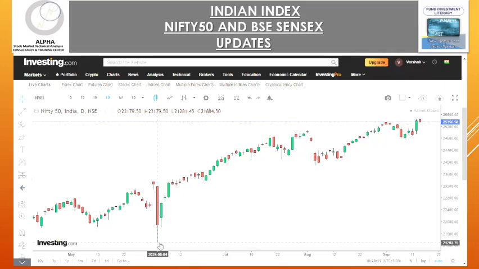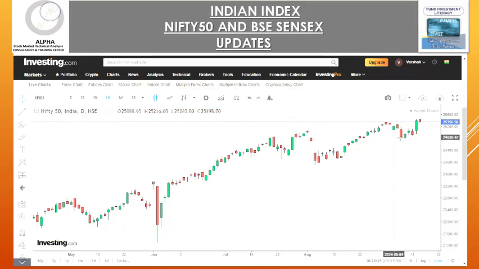It made a high of 23,179.50, and the close is here. Because it's a red one, you see the closing is on the lower side of the candle body. The close is 21,884.50. Now we are looking at a day that is already done.